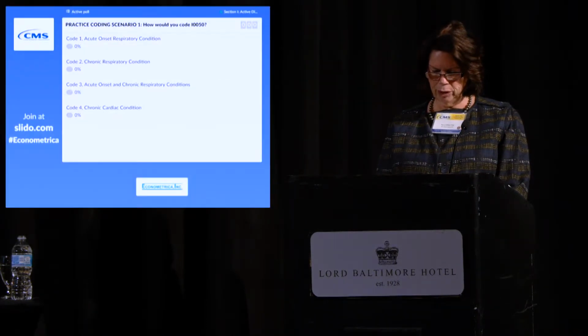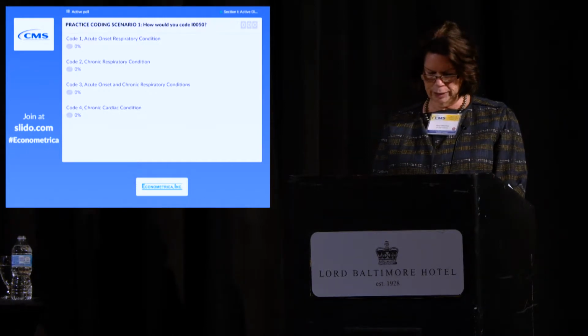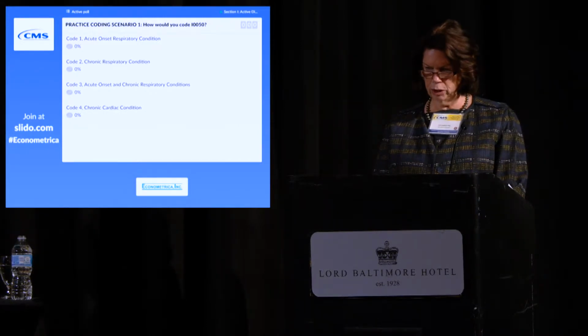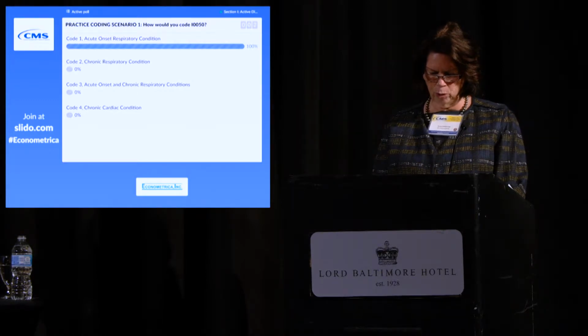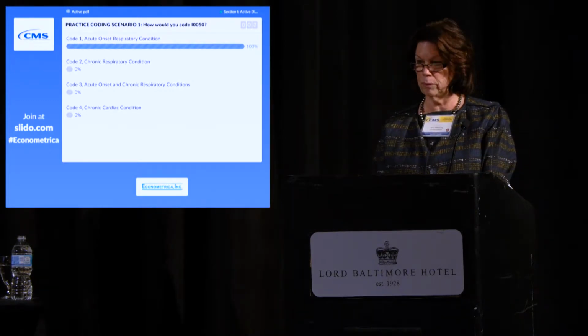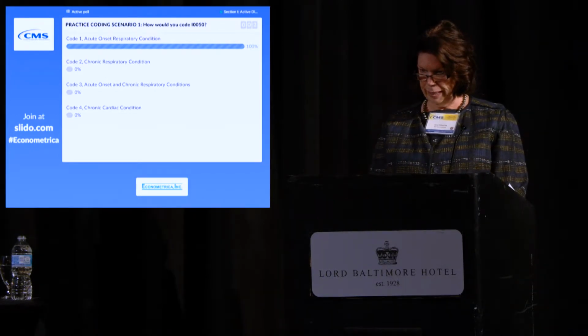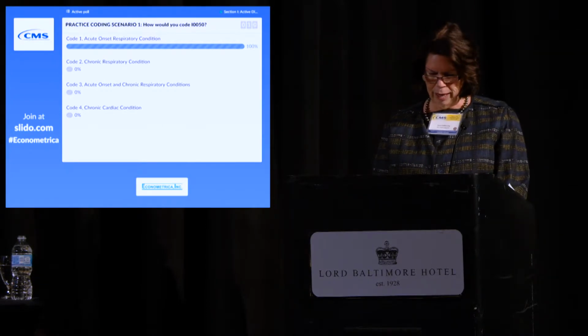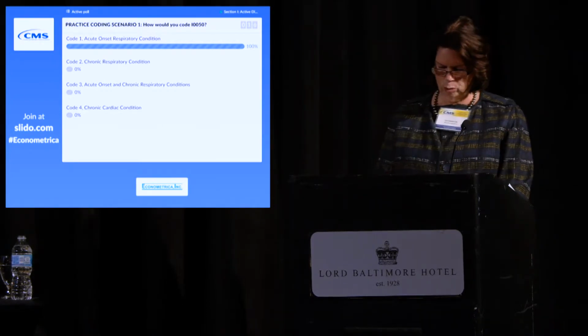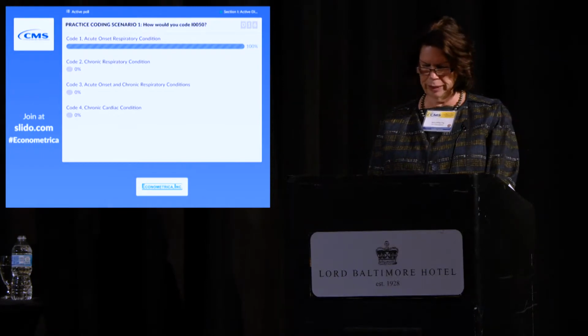Code 1, acute onset respiratory condition. 2, chronic respiratory condition. 3, acute onset and chronic respiratory conditions. Or 4, chronic cardiac condition. And I can see that 100% of you have elected code 1, acute onset respiratory condition.